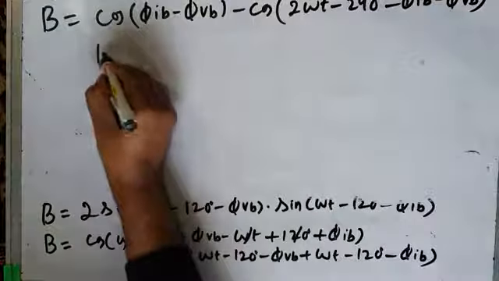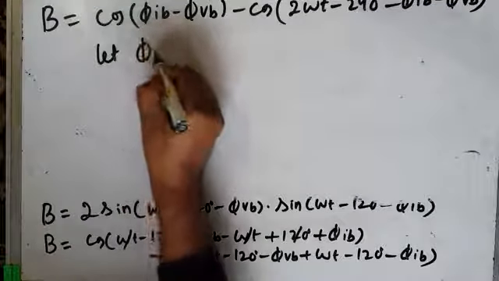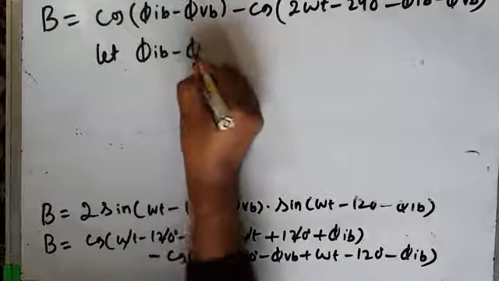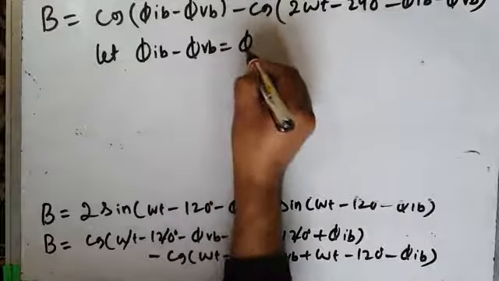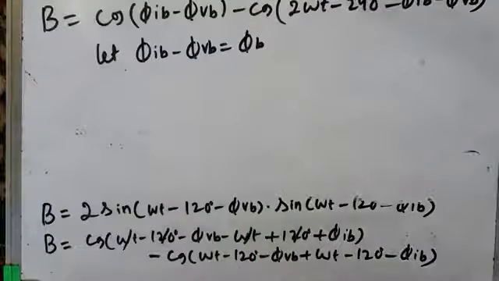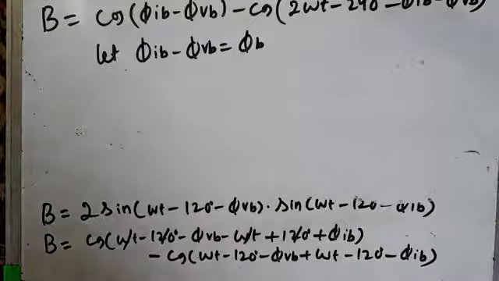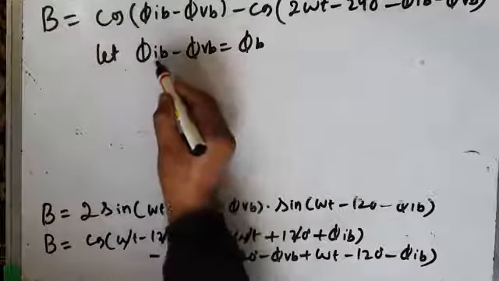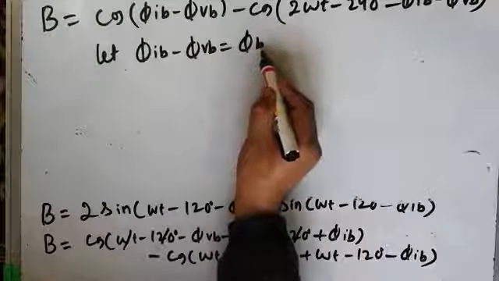Okay, let us call this phase difference, phi ib minus phi vb, equal to phi b. So phi b is basically the phase difference between current ib and voltage vb. Between current ib and voltage vb, the phase angle is phi b.